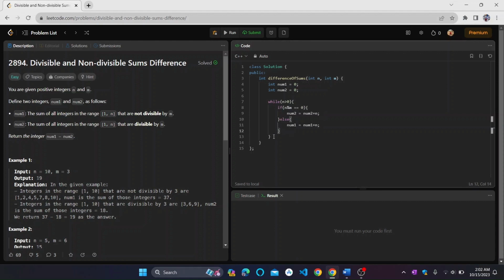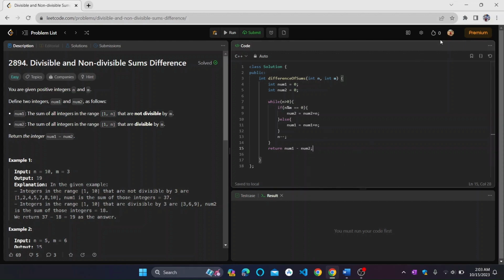Then outside of the else, we have n minus minus, for updating the n value. Then we have to return num1 minus num2. Okay, that's our solution.